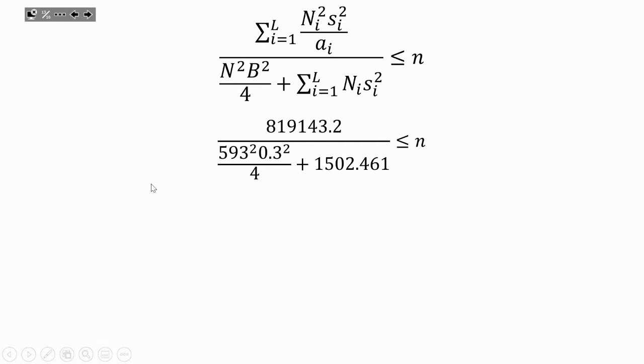So then if we plug those into our formula, those are going in the numerator and the second part of the denominator. And we end up with, we need a sample size greater than or equal to 87.008.